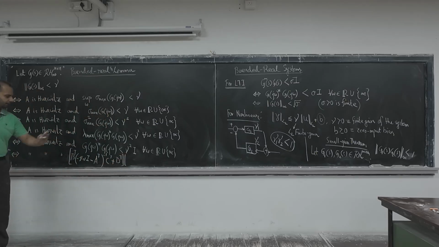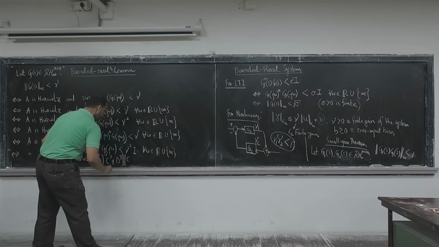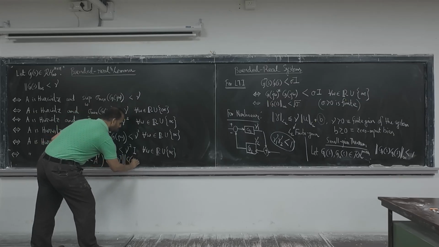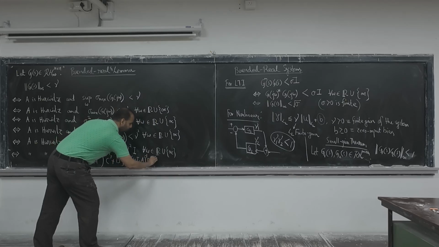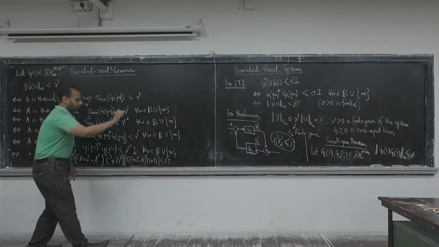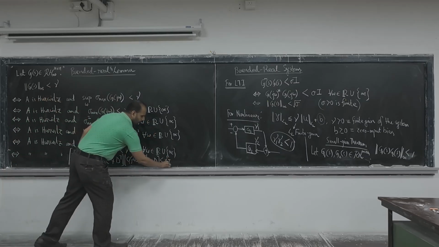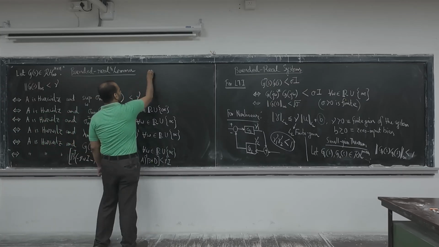into exactly the same, the non-transpose version, C into j omega I minus A whole inverse into B plus D, whole thing less than gamma square I for all omega. That means, what is the form I am using?